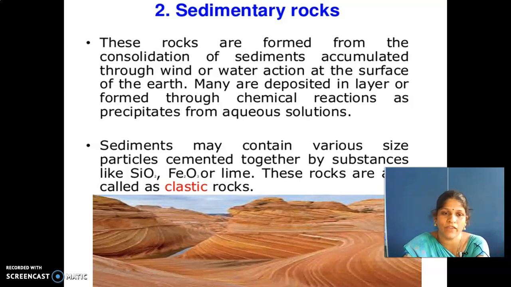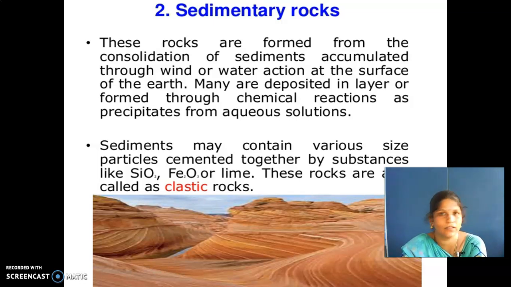Sediments may contain various size particles cemented together by substances like SiO2, Fe2O3 or lime. These are the chemical reactions. These rocks are also called clastic rocks, just as igneous rocks are also called primary rocks. Here we are giving the extras.